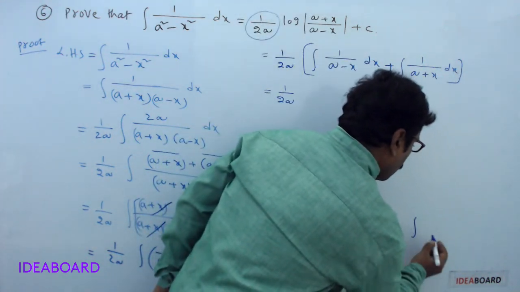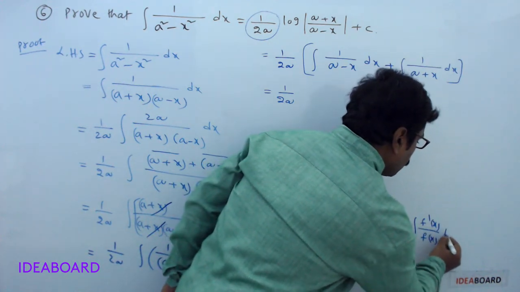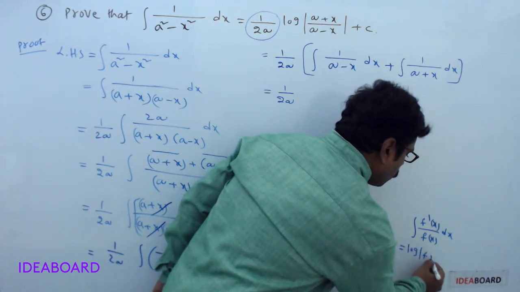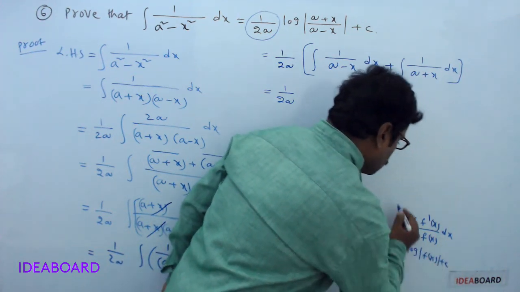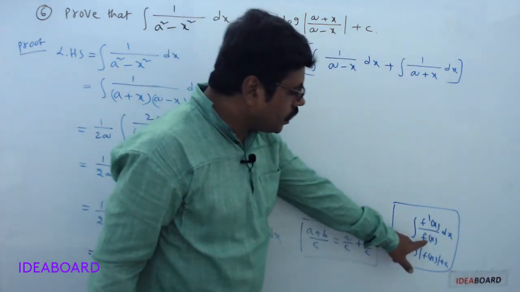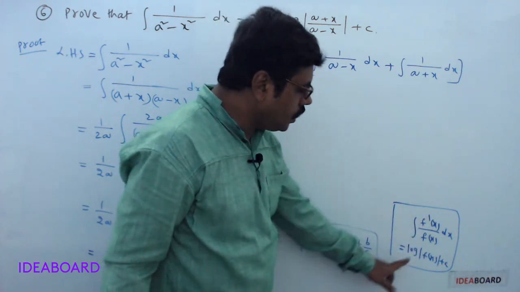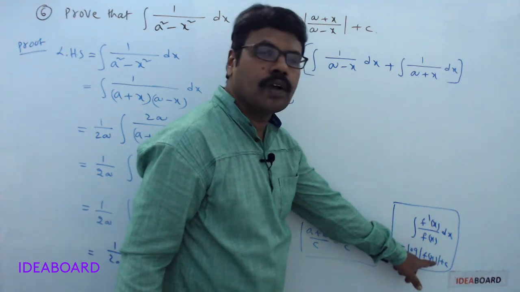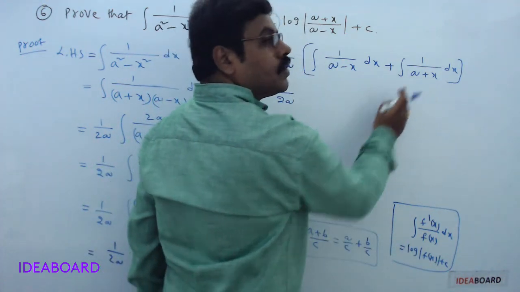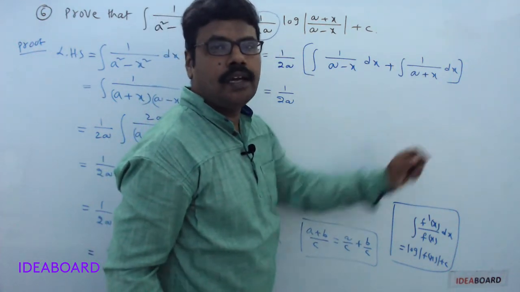Now what is the formula for this? This is nothing but log mod f of x plus some constant c. What is the meaning of the formula? If the derivative of the denominator is in its numerator, what is the answer? Log mod denominator plus some constant c. So by using this formula, what is the value of the second term? Log mod a plus x plus some constant c.